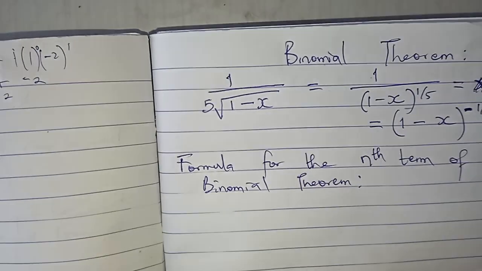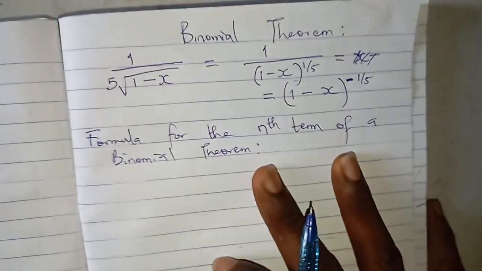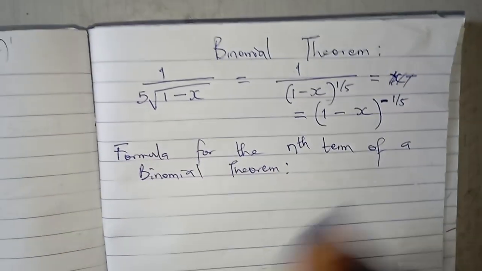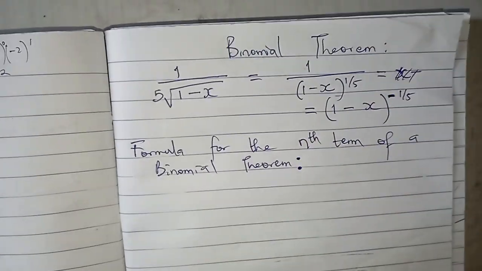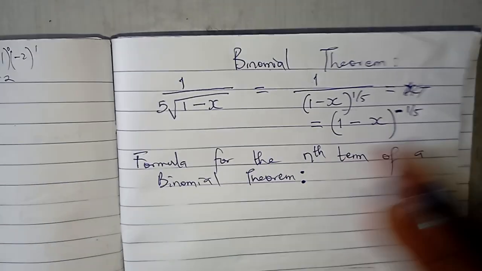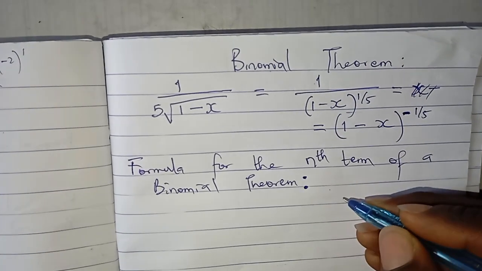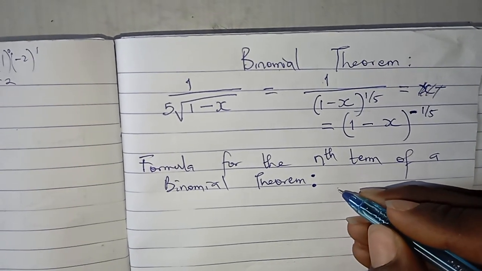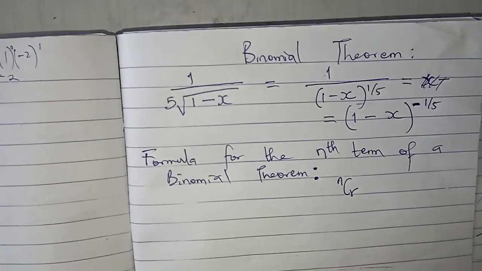And this formula for nth term of a binomial theorem, mathematics is sweet. If you are serious, you will see as we progress, even with regards to our mathematical induction that we've not treated. So this formula is given by simply saying, remember that binomial theorem has to do with combination method. So it's simply saying n combination r.